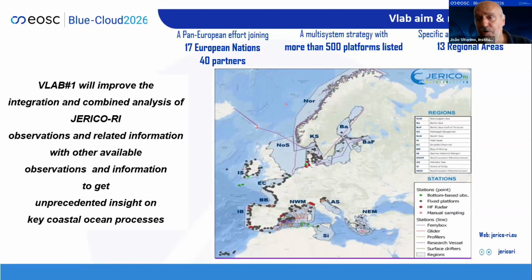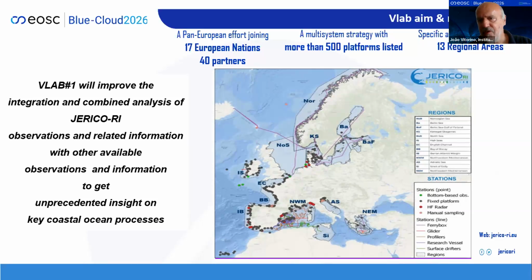JERICO is the joint European research infrastructure for coastal observatories. And in JERICO area, we are gathering 17 European nations, roughly about 40 partners. We are bringing together more than 500 platforms. And we are covering about 13 regional areas.